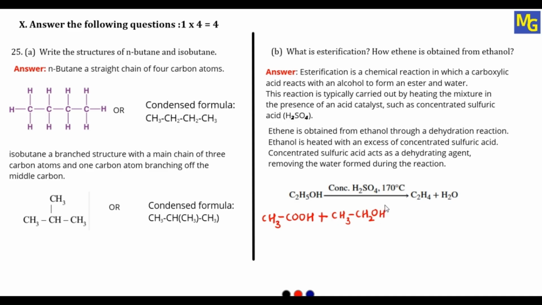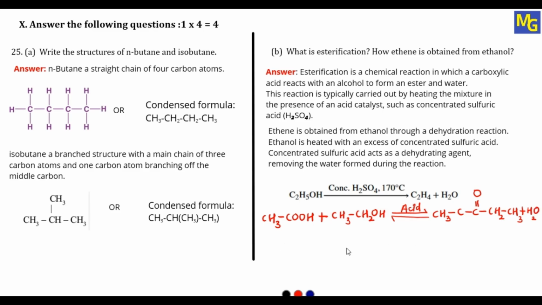So this is ethanol, and when we react these two in presence of acid, I'll write it here, acid, we get ester. So the ester formula will be CH3, C double bond O, this is the functional group of ester, and then CH2 and CH3, plus water will be a byproduct. So this is our reaction of esterification.